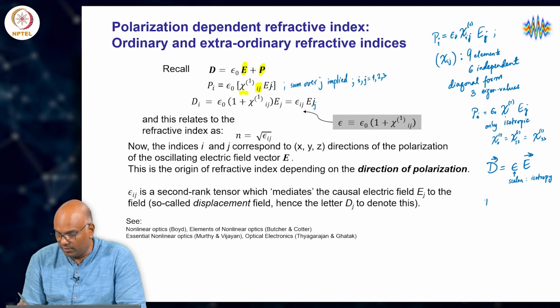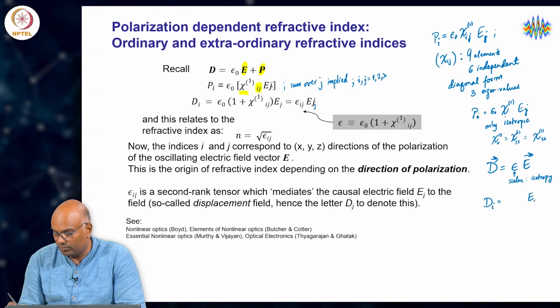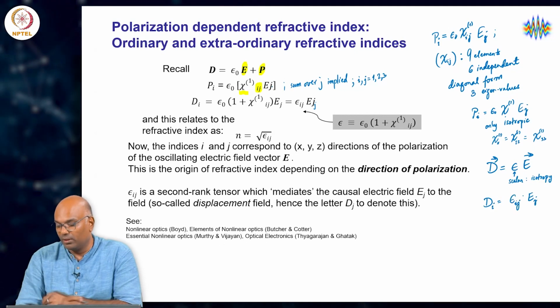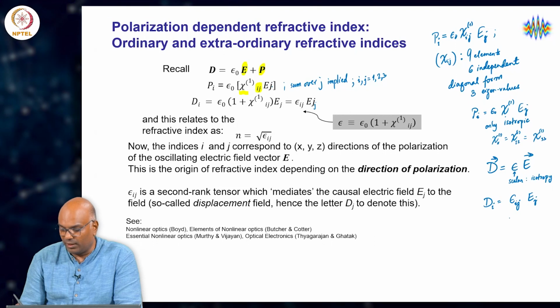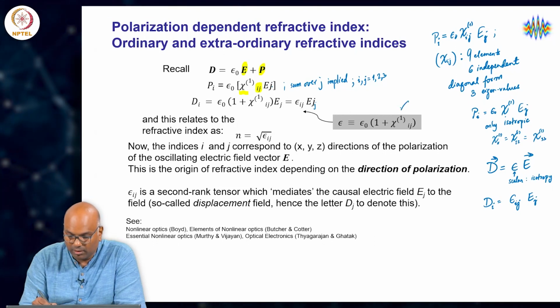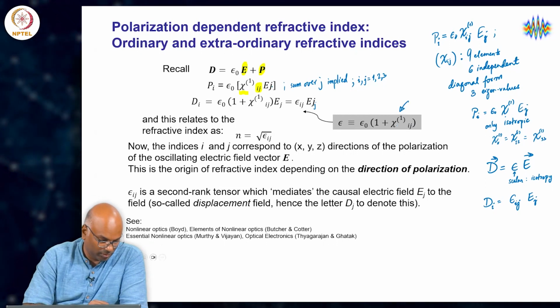In reality, we should treat this to be the appropriate second rank tensor epsilon ij, where epsilon ij is related to chi ij by the equation in the gray box.